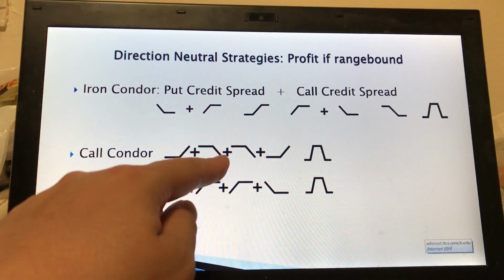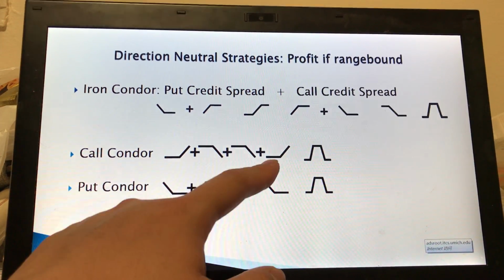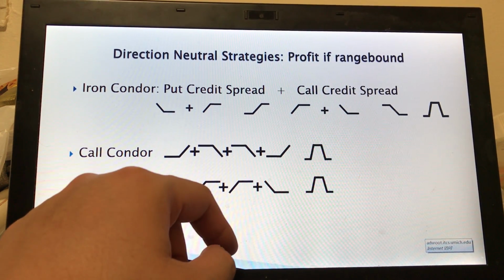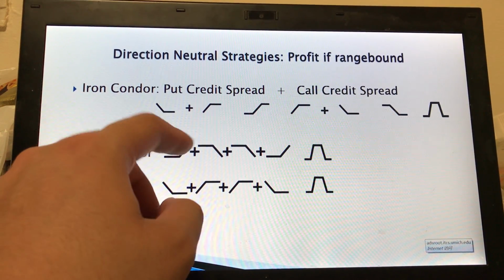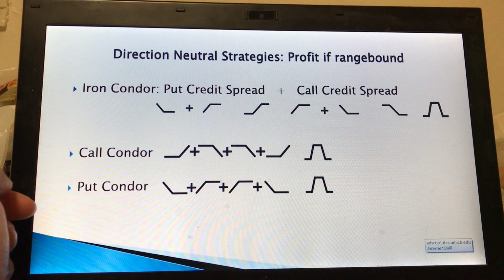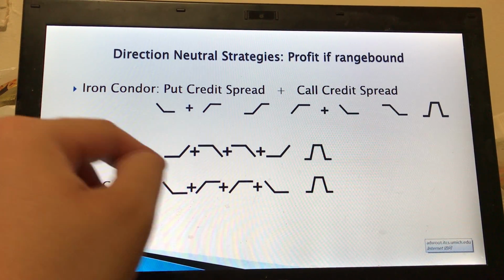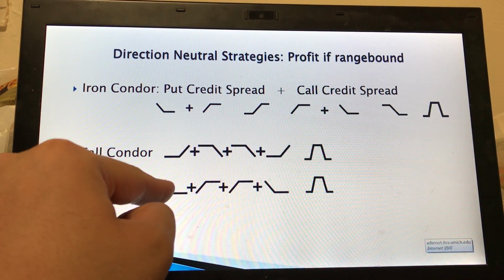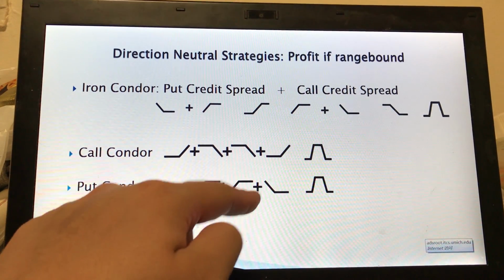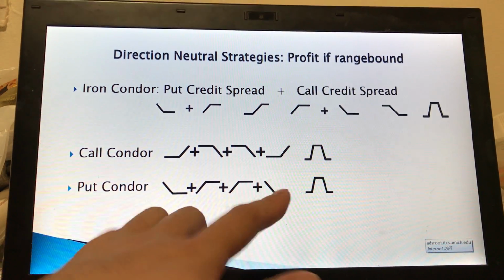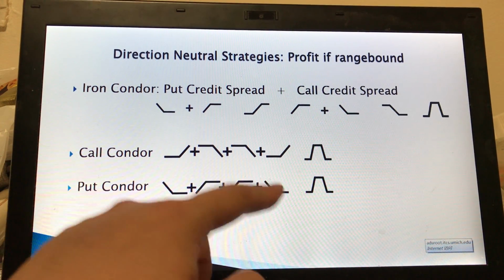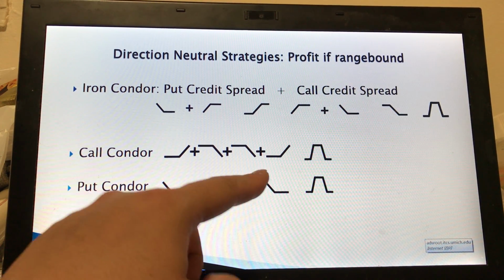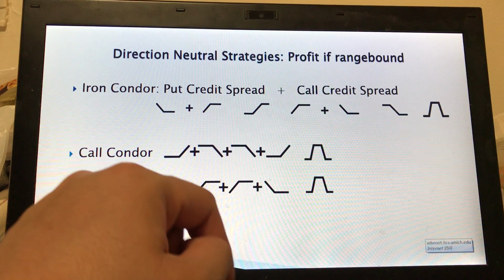The difference between these 2 and these 2 should be the same, or you will have a bias toward one direction. For the put condor, you also have a long position, short position, short position, long position, using 4 different strike prices, with the difference in strike price being the same.